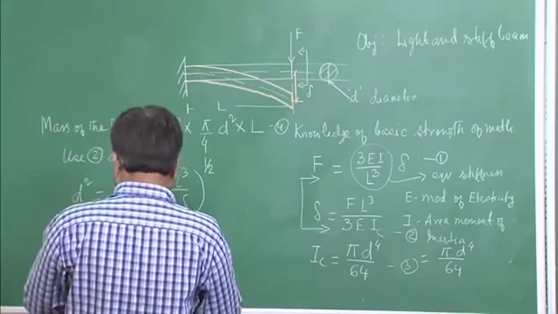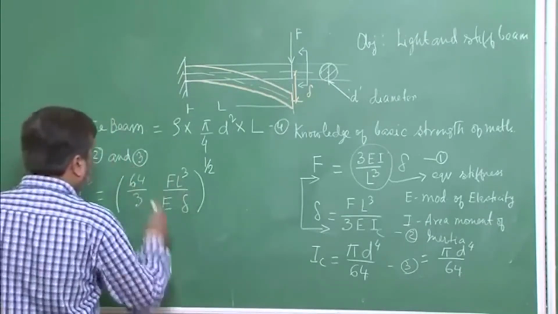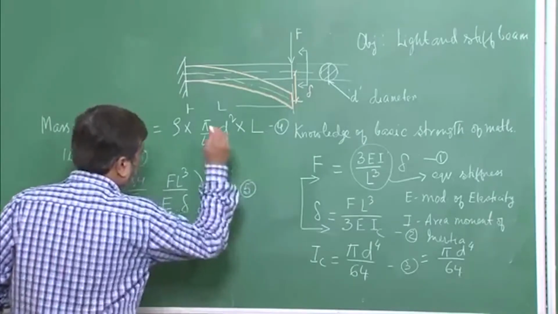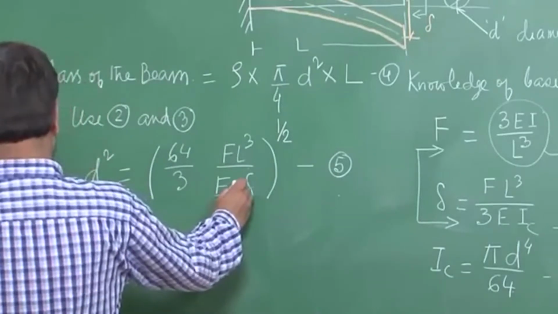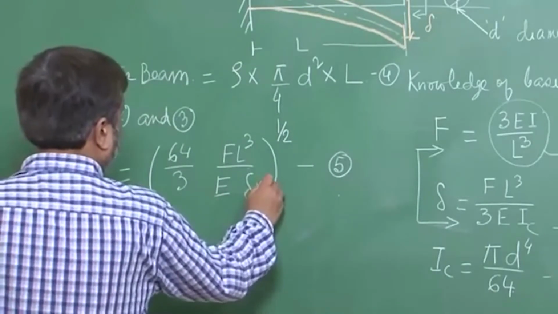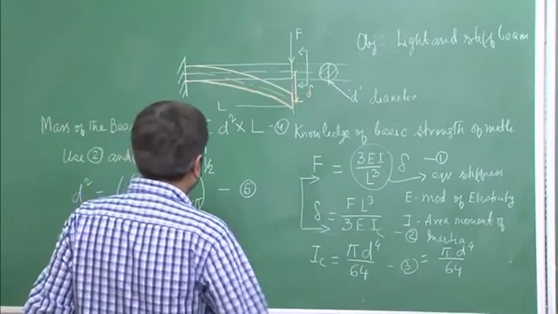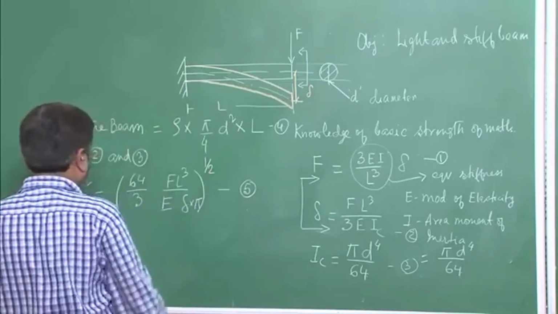That is my expression for d square, and we substitute this. So, let us say this is my equation 5. We also have E and pi here, E delta pi, right.